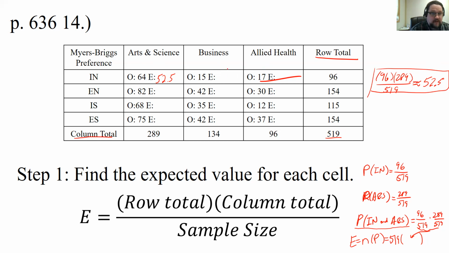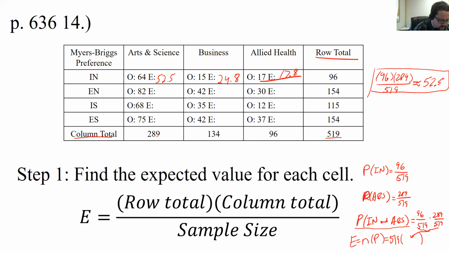And that would be about, and I'm just going to go one decimal place on all of these, 24.8. And then what would be my expected value for allied health with IN? 96 times 96 divided by 519, 17.8. So that's pretty good. That's pretty close. That's why I said you can't just go by, oh, they're different. They're different, but are they way different or just kind of different?